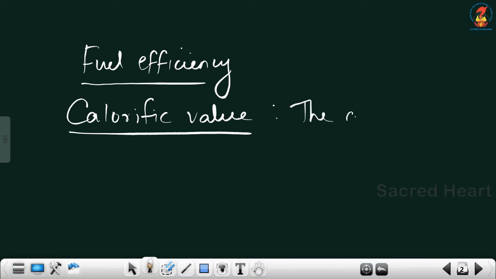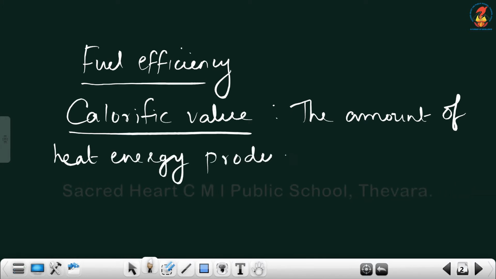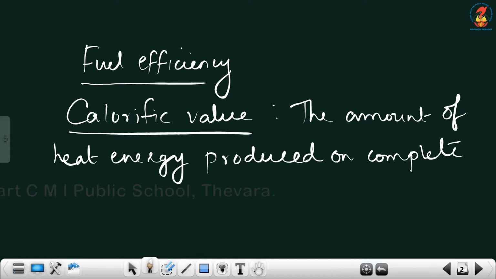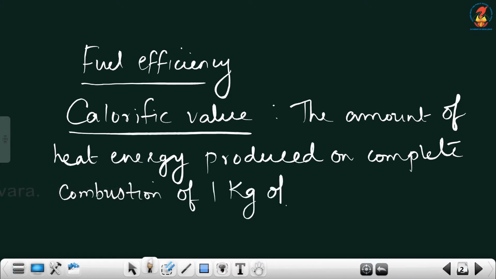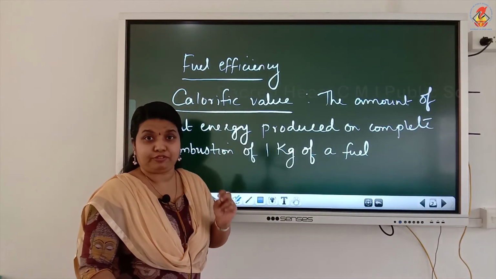It's an important definition: the amount of heat energy produced on complete combustion of 1 kilogram of a fuel is known as its calorific value. The definition is very important.